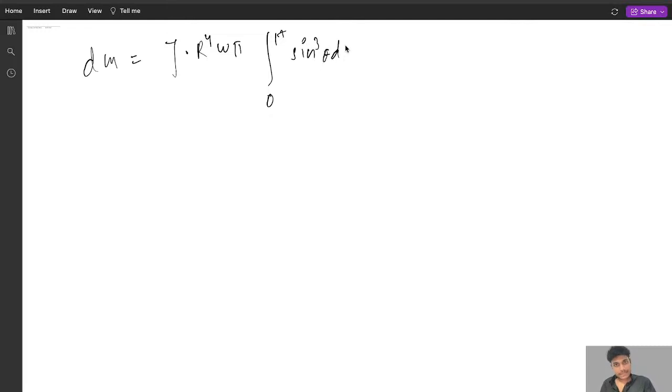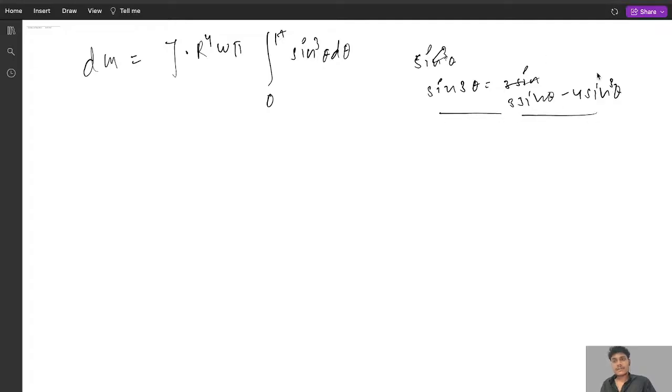d theta. Understand? Here sine cube theta, we find it as sine 3 theta is equal to 3 sine theta minus 4 sine cube theta. From here you can find the integration of this. Please do this by yourself. I just write the result, that is r to the power 4 omega pi into 4 by 3.